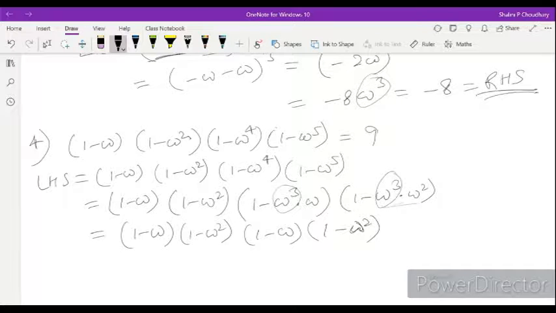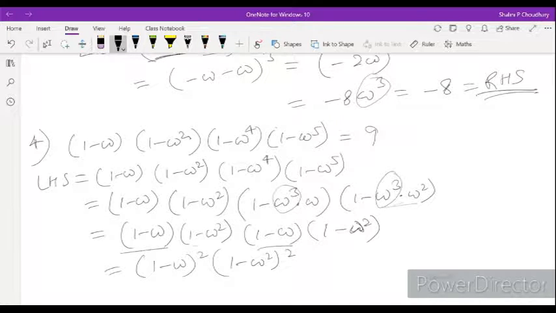Now 1 minus omega into 1 minus omega will be (1 minus omega) whole square, and (1 minus omega square) into (1 minus omega square) will be (1 minus omega square) whole square.